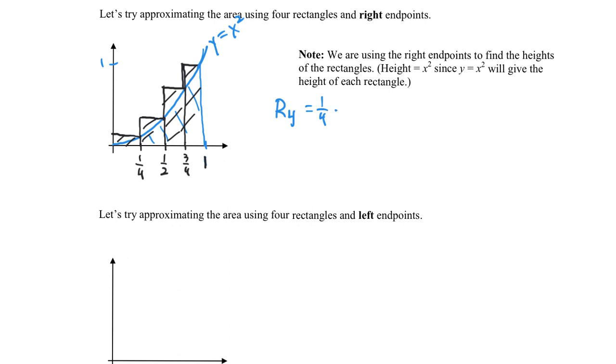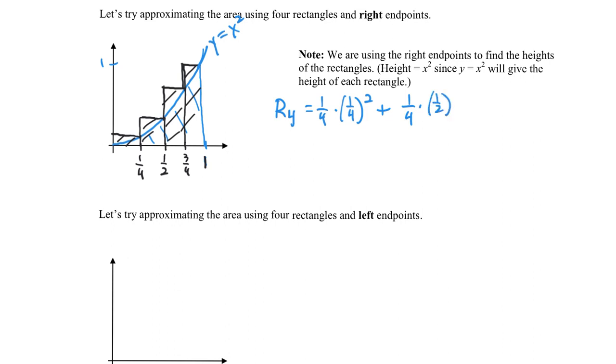So base times height, which is 1/4 squared, plus, now I come over to this rectangle here, base is 1/4. So I got 1/4 base times height. Well, the height of this rectangle is whatever the y coordinate is here. And the y coordinate here is x squared, so it's 1/2 squared.